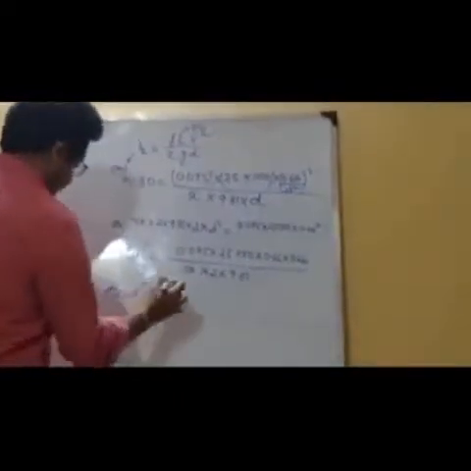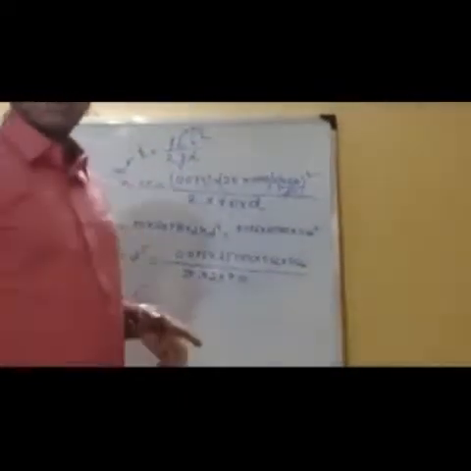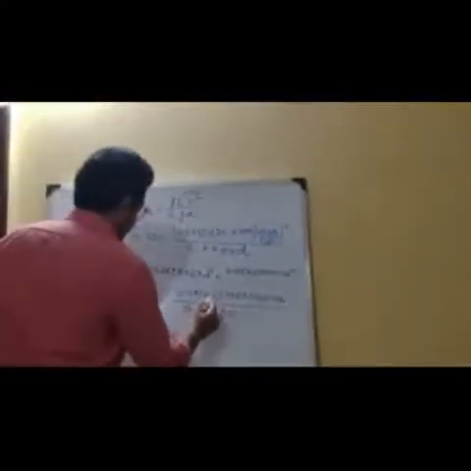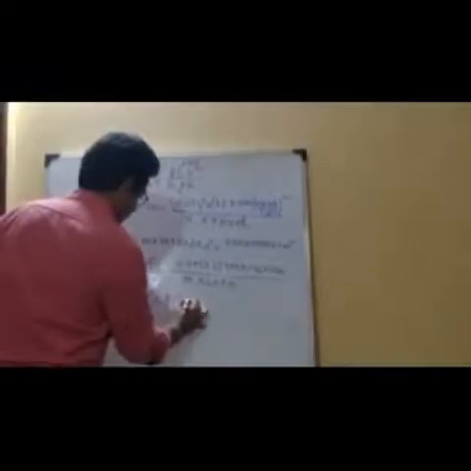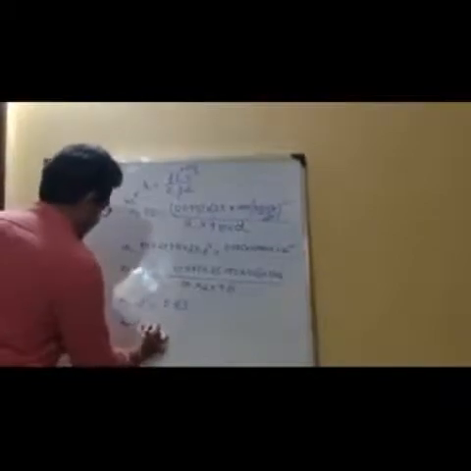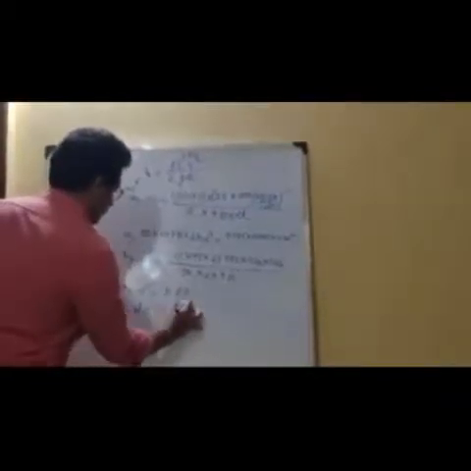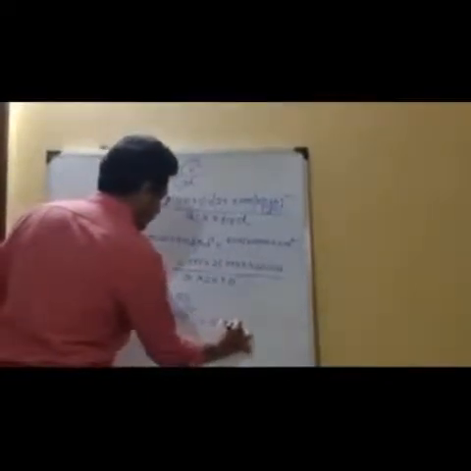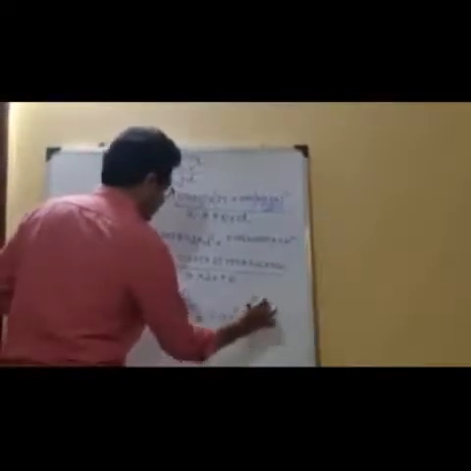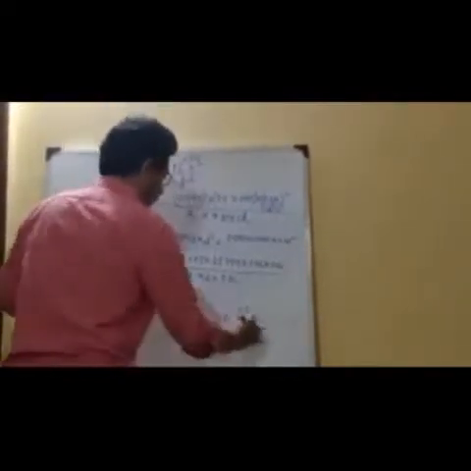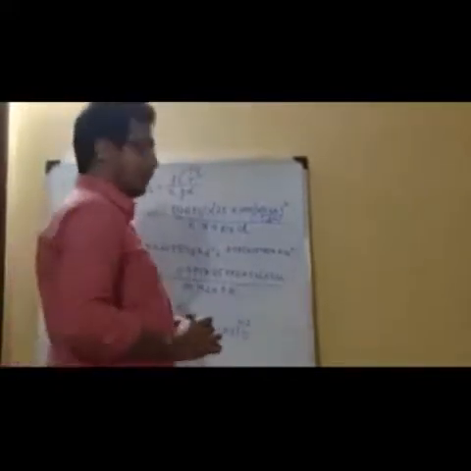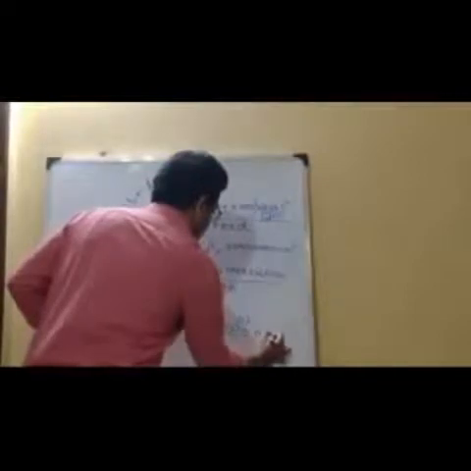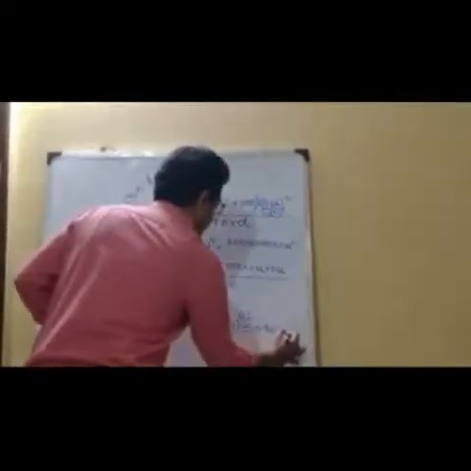If we calculate this, we will get d to the power 5 equal to 0.83. If we simplify, d equal to 0.83 whole to the power 1 by 5, that is 0.83 whole to the power 0.2. If we calculate in the calculator, the value will be 0.963 meter.